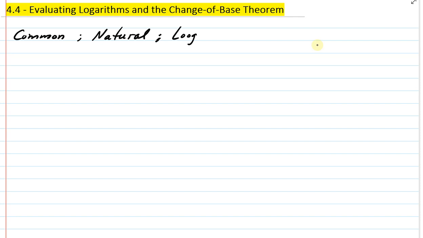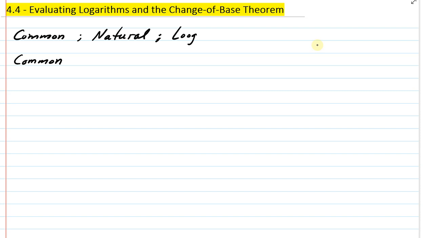So let's begin with common log. The reason for the word common in common log is because before the advent of calculators, the older mathematical textbooks, from algebra to higher math, had a table in the back of the book, which is now antiquated. It's no longer even there. We don't even know about them anymore, especially the newer generations.